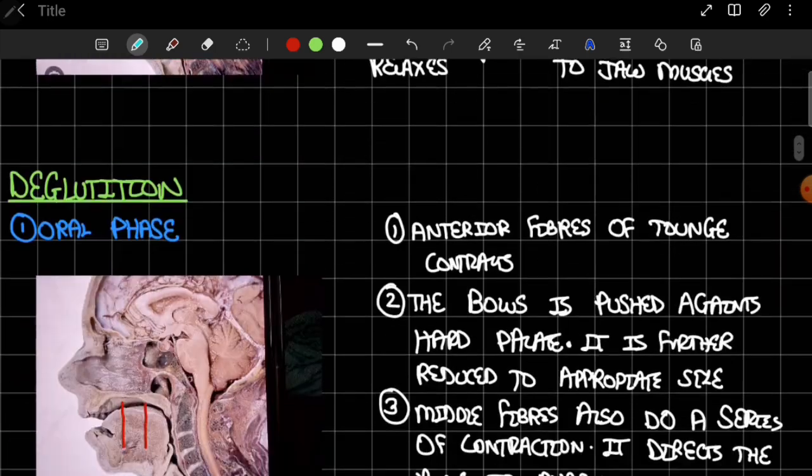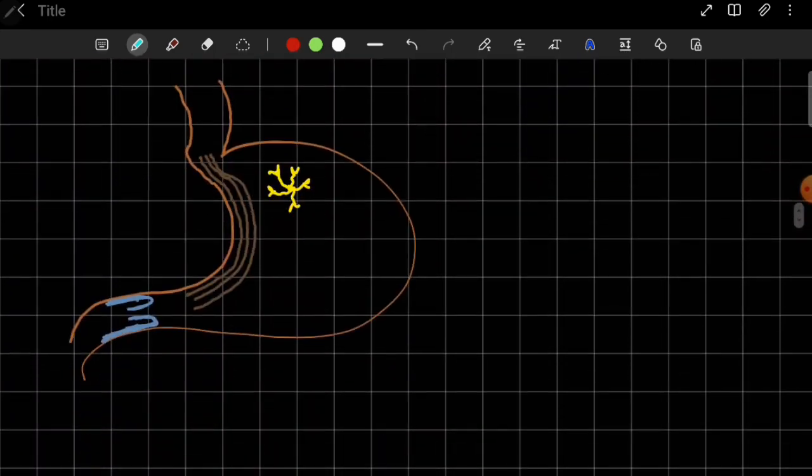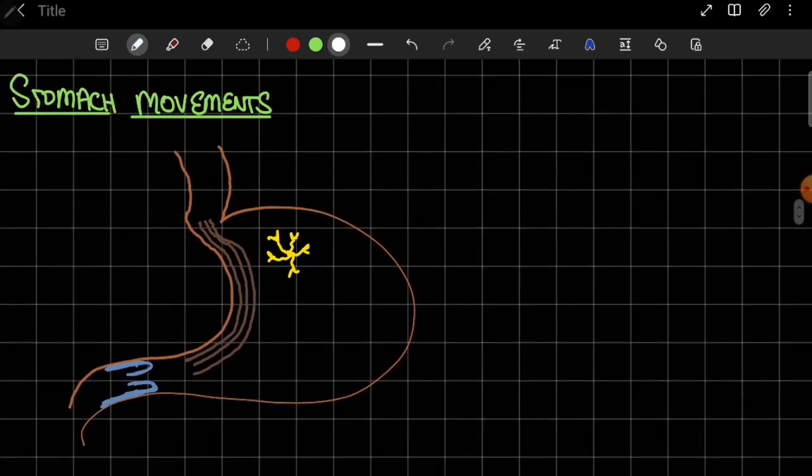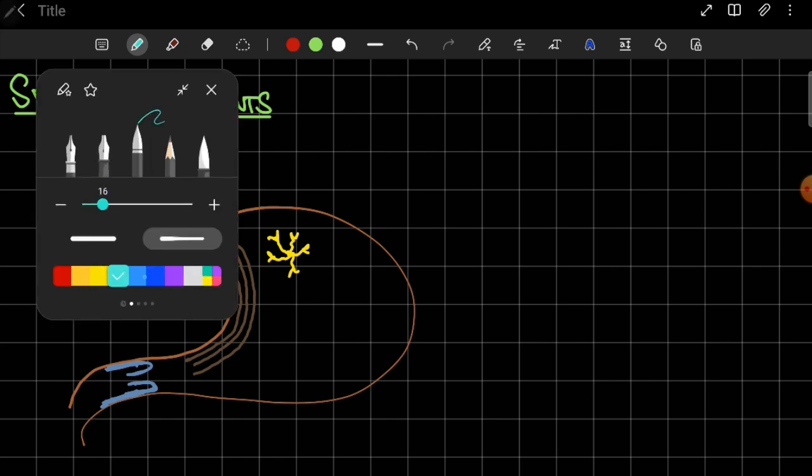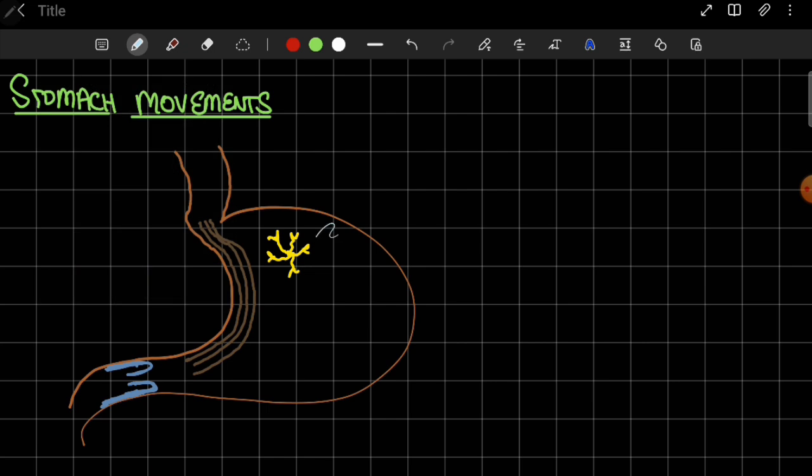Now going to the stomach movements. So this is our stomach. Now the paneer that we have eaten will come in the stomach. Let's say this is the block of the paneer and now it should be conducted. Okay, so now what happens?